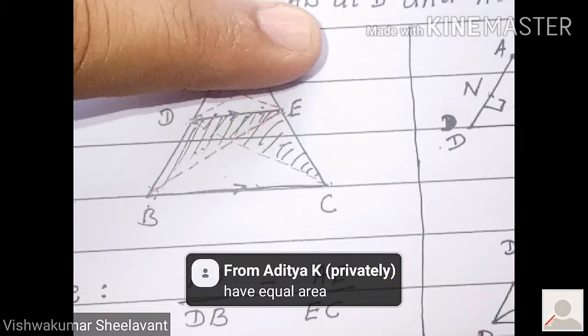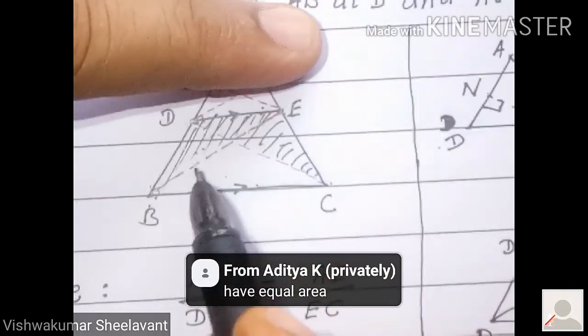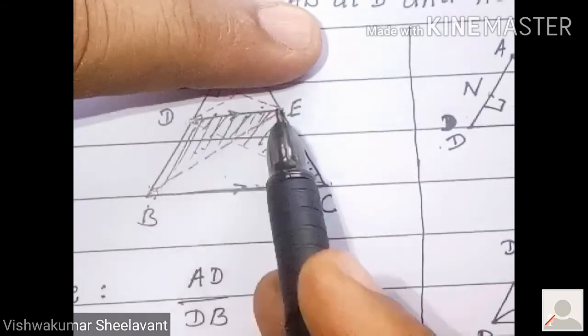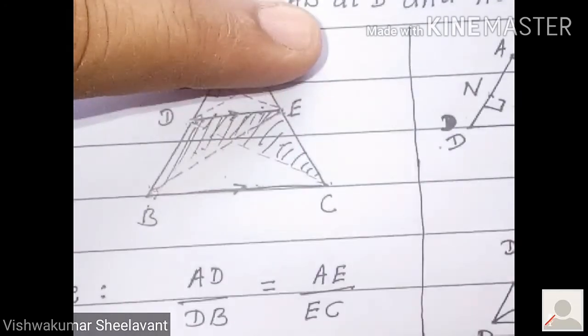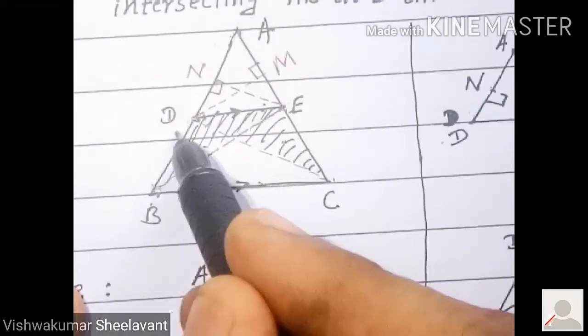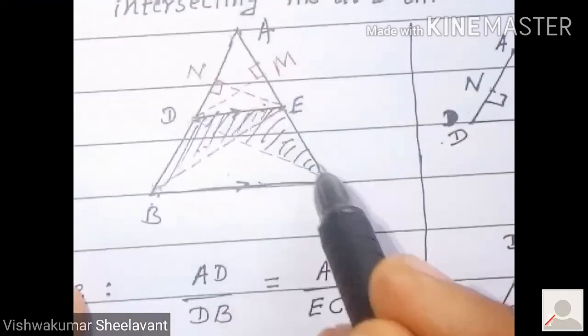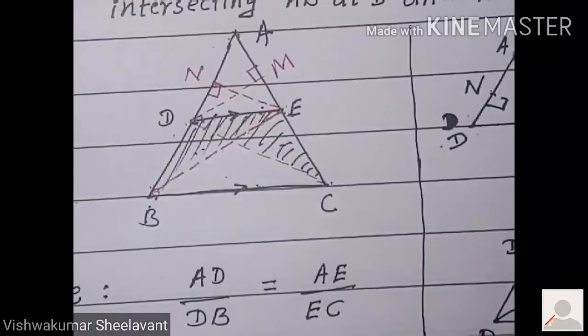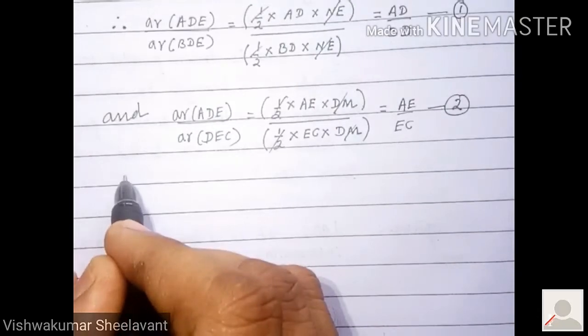Yes. Areas of two triangles having a common base and standing between the same parallels are equal. You have studied. That means area of BDE is equal to area of DEC triangle.